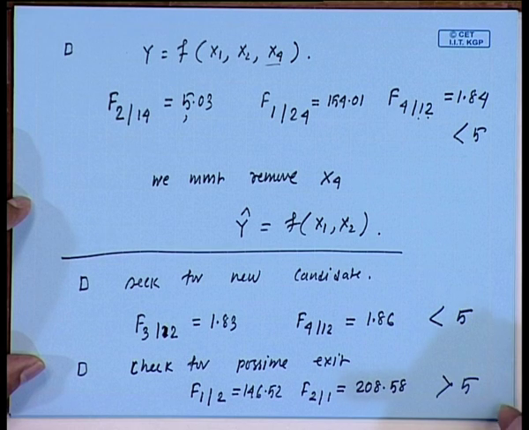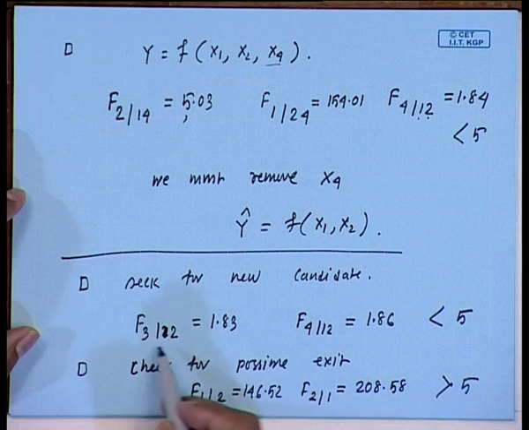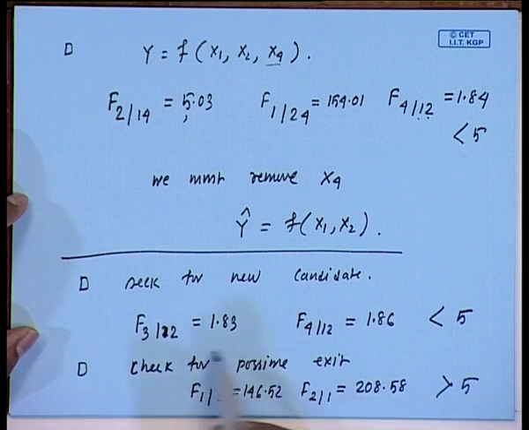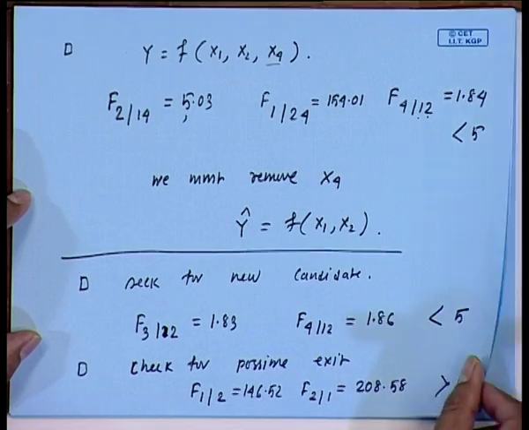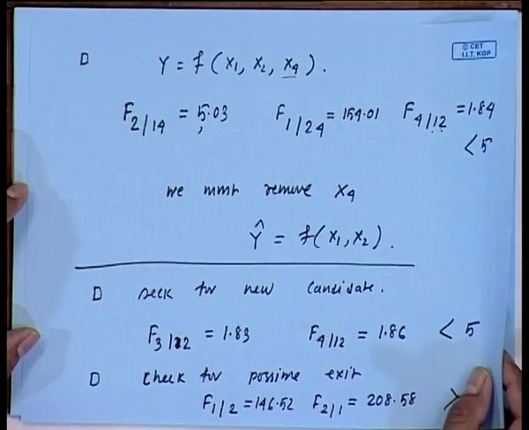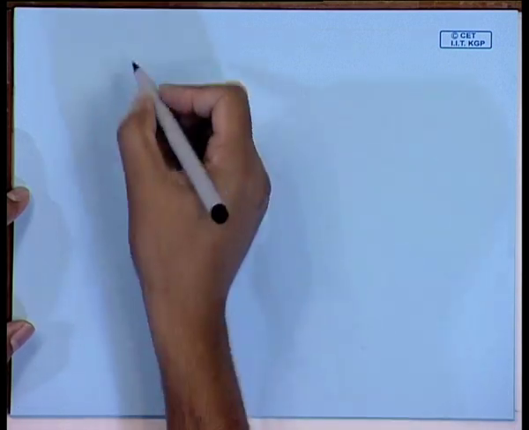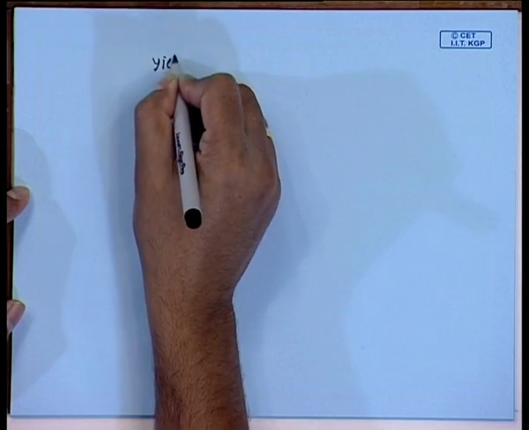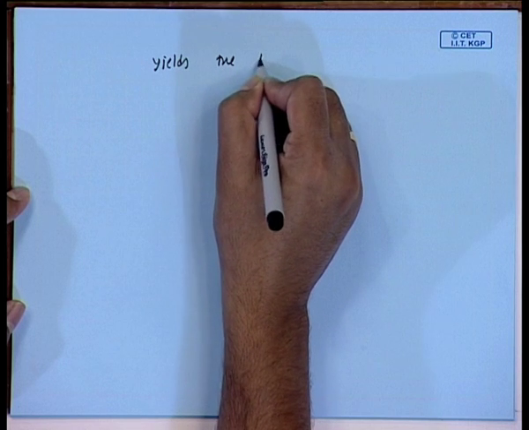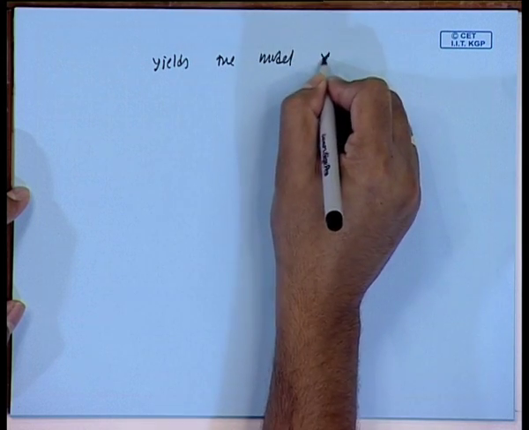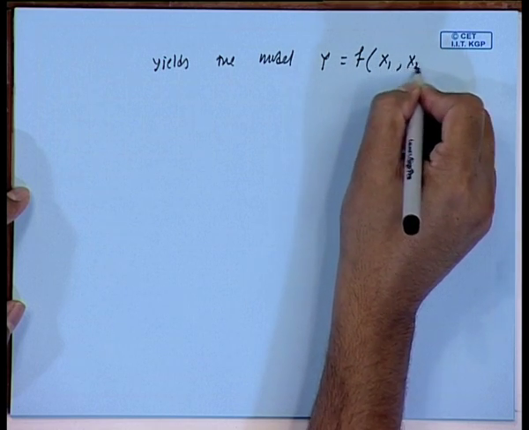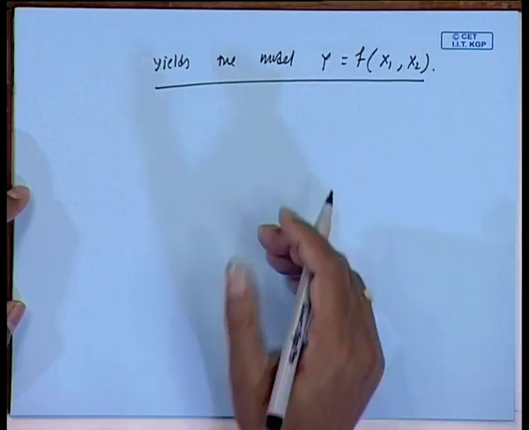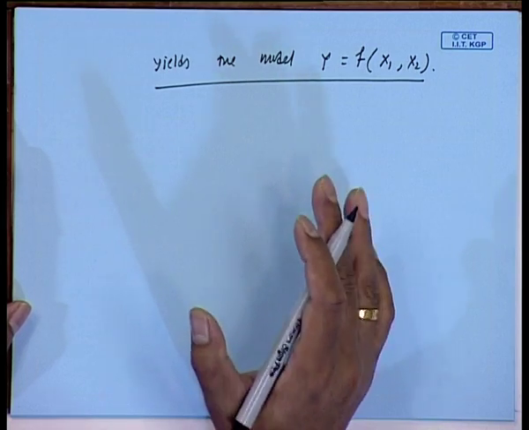So, we can't remove any more regressor from the model and also this says that you can't include any more regressor to the model. So, the stepwise selection terminates and yields the model y equal to f in terms of x 1 and x 2. So, this is the result of stepwise selection.